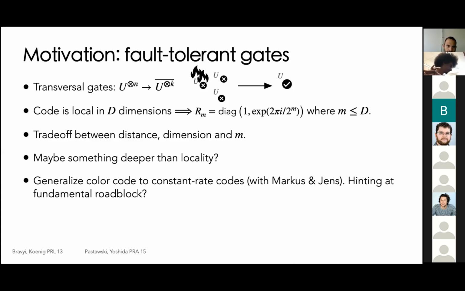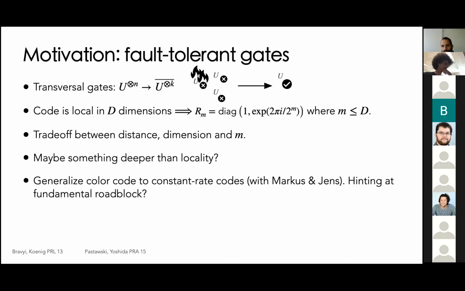We've run into roadblocks every time we try and increase the rate for these codes. We find that a whole bunch of other things break down or are just technically infeasible. So perhaps, as I said to Marcus several months ago, this is hinting at some fundamental no-go result, and that's why we are unable to construct these codes.